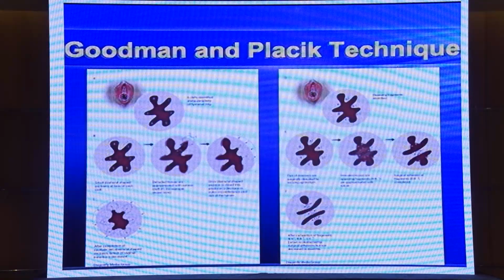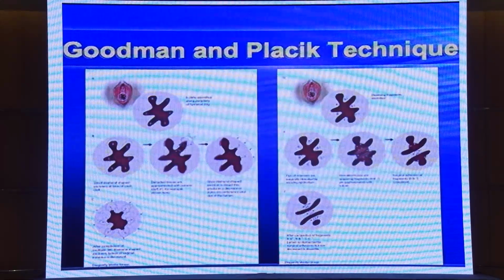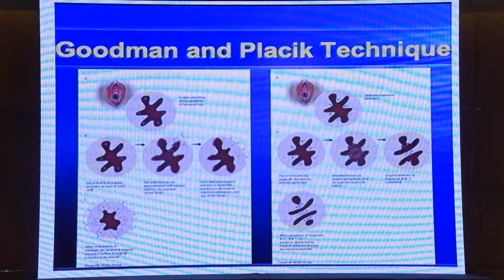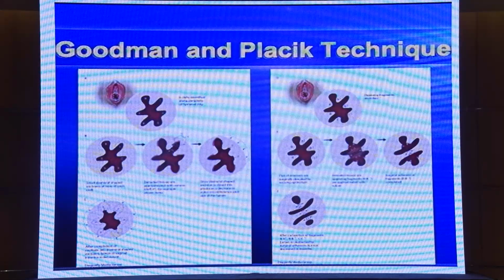So we have techniques from different experts. Goodman and Plasek are among the leading experts who have worked hard on these to make it more organized, which is based on, basically, the fimbrial edges. All the fimbrial edges, 1, 2, 3, 4, 5, they just marked them. At the edge, they put small stitches. So basically, they are narrowing the canal.